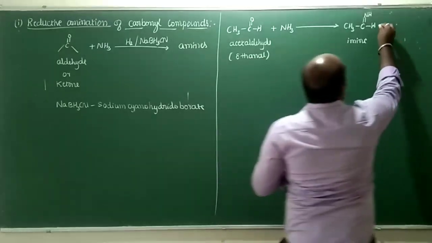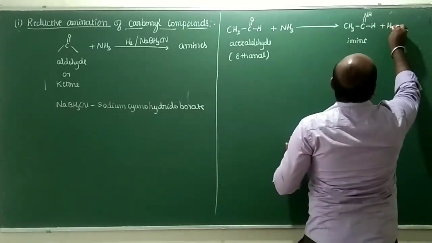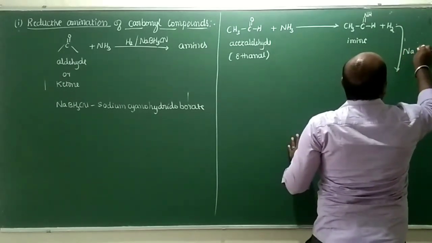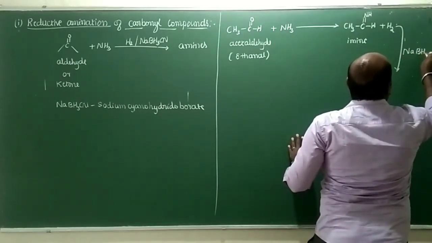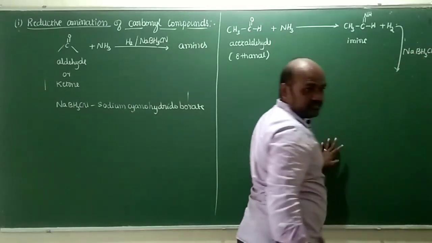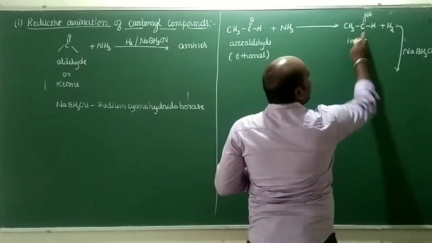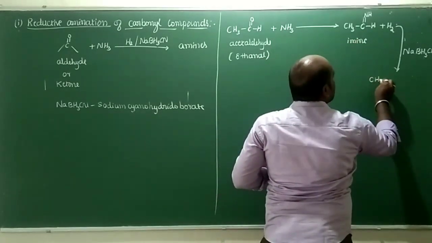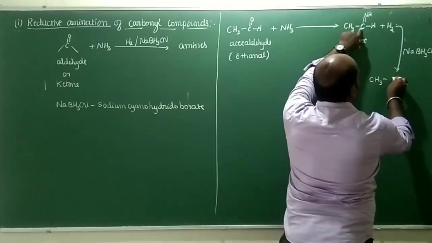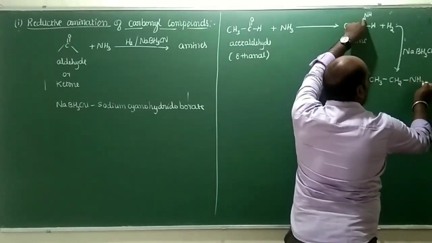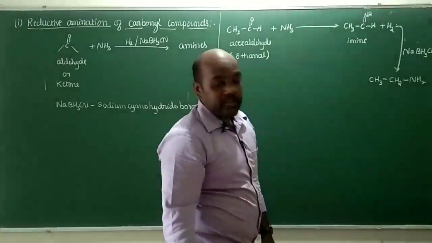And this imine will be subjected to reduction in presence of sodium cyanohydridoborate. Reduction of the imine will result in the formation of CH3CH2NH2. This is the thing we are going to get.